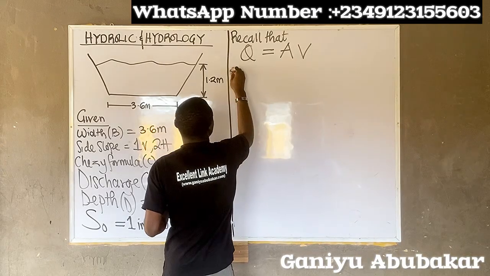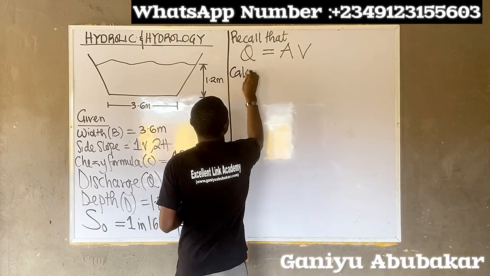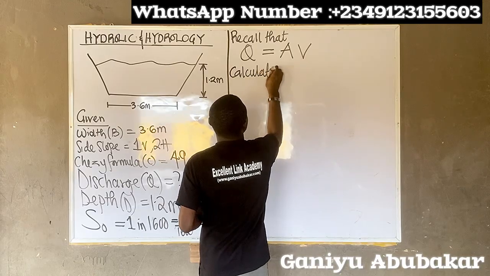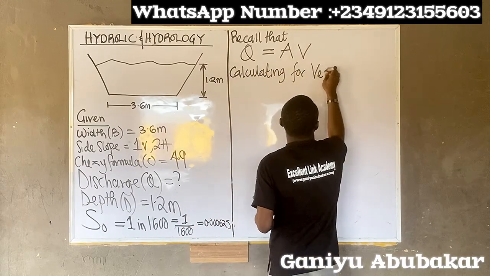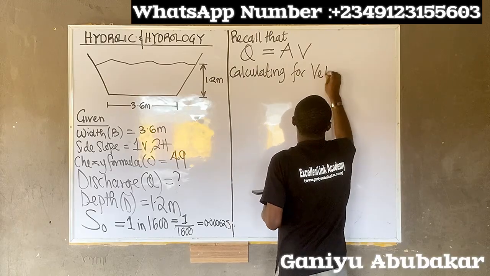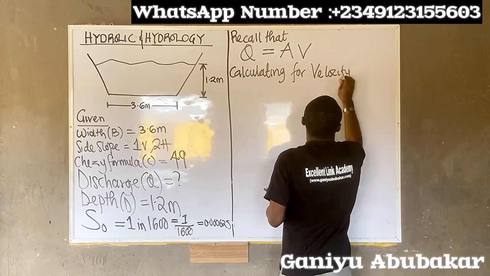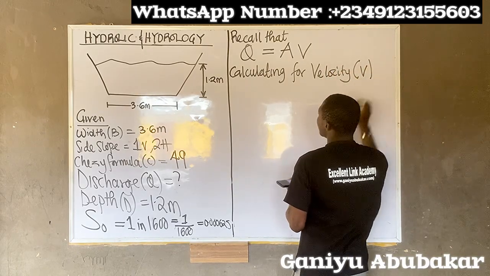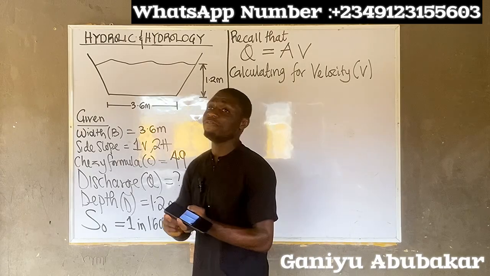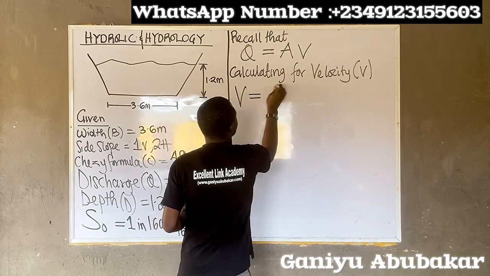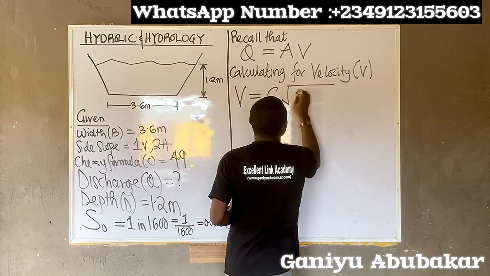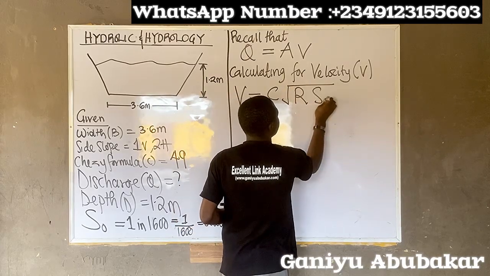So calculating for the velocity, or the mean velocity V. What do we know? Recall that we said V, the mean velocity, is equal to C root R S naught.